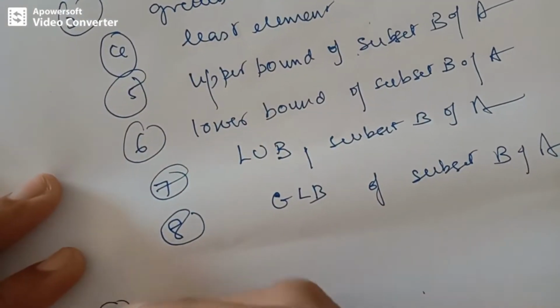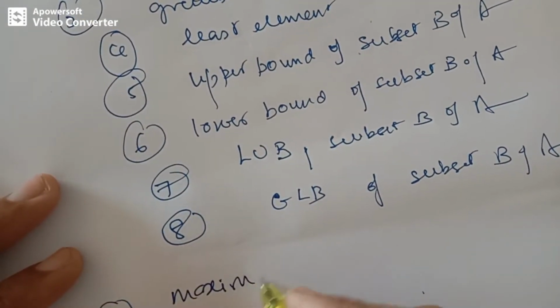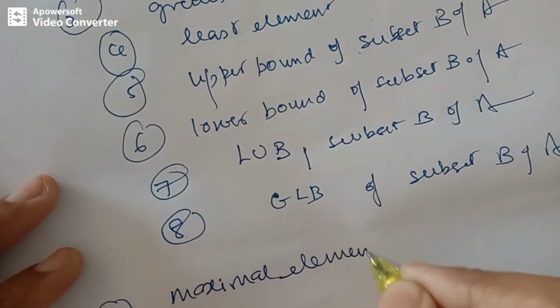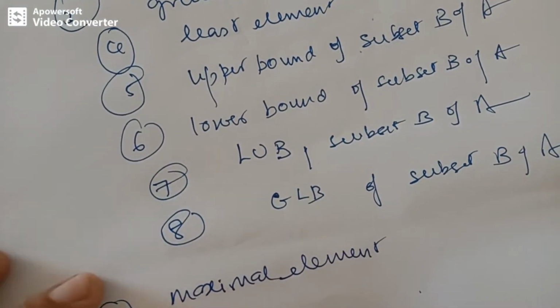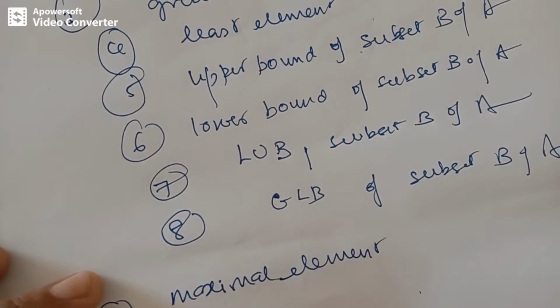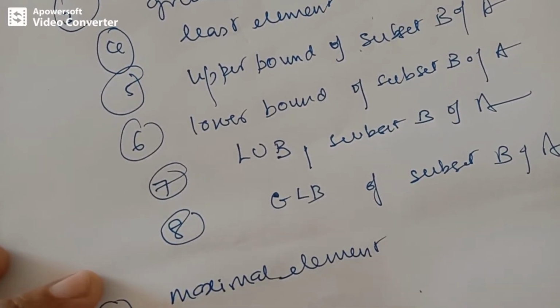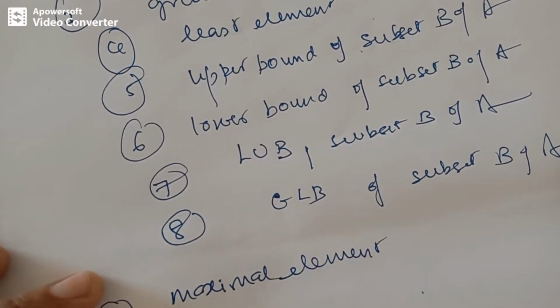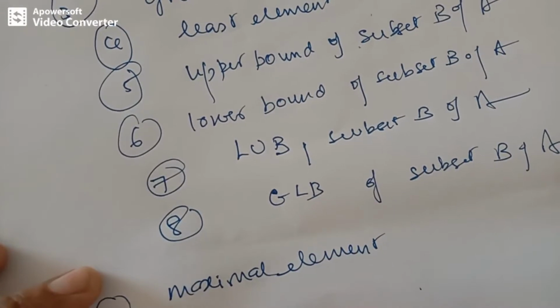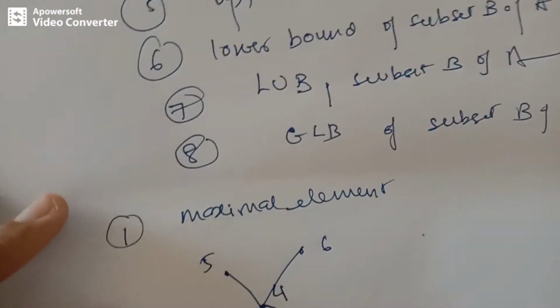The first concept is about finding the maximal element. Let me draw a Hasse diagram and show you clearly what exactly a maximal element is. So let's take this Hasse diagram.